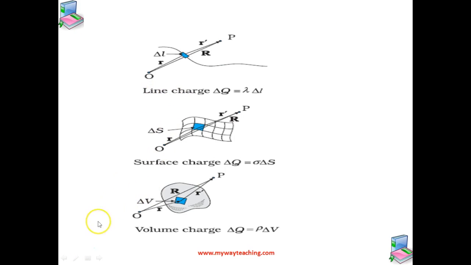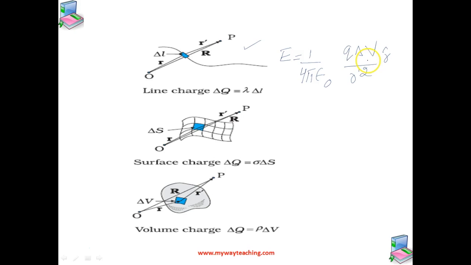You can see line charge, surface charge and volume charge definitions, just what we studied. Now you just consider any general point P with position vector R as you can see in the figure. Okay, then the electric field due to the charge rho delta V is given by Coulomb's law, that is equal to 1 by 4 pi epsilon naught, rho delta V by r dash square, r dash cap.